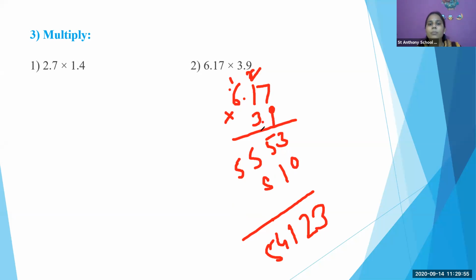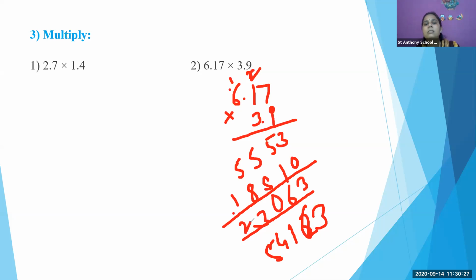And 3 sixes are 18. Then 3 plus 0 is 3. 5 plus 1 is 6. 5 plus 5, 10. 5 plus 8, 13, right? And here 1 carry, and 1 plus 1 is what? 2. What is the answer?